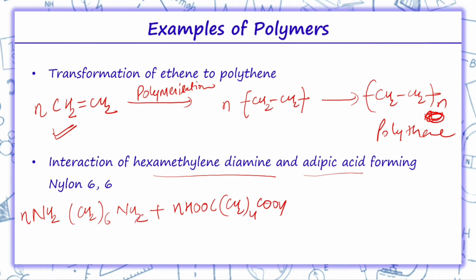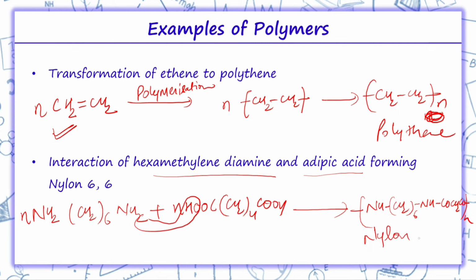Now here the removal of water molecule takes place, and on polymerization we'll get NH CH2 whole 6, then NH CO CH2 whole 4 CO, and the N molecules. Thus this is known as nylon 6,6.